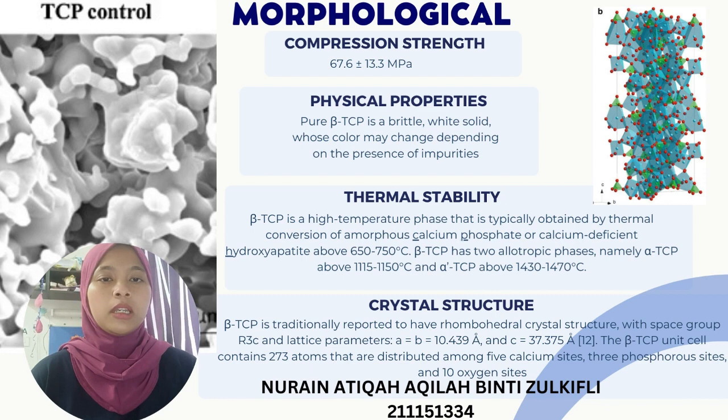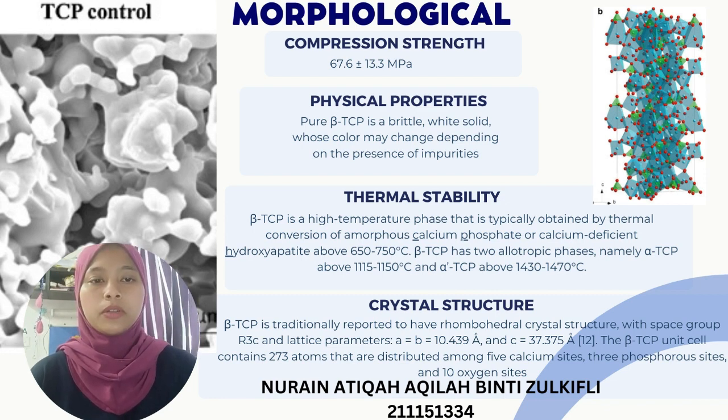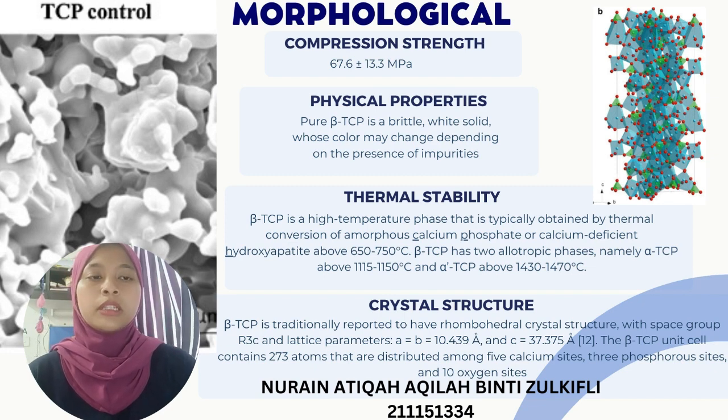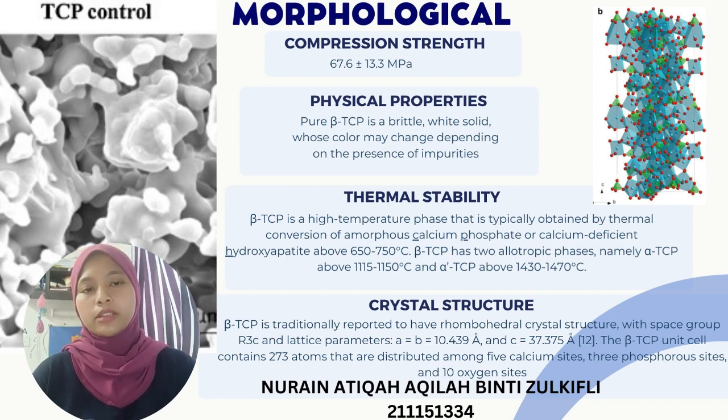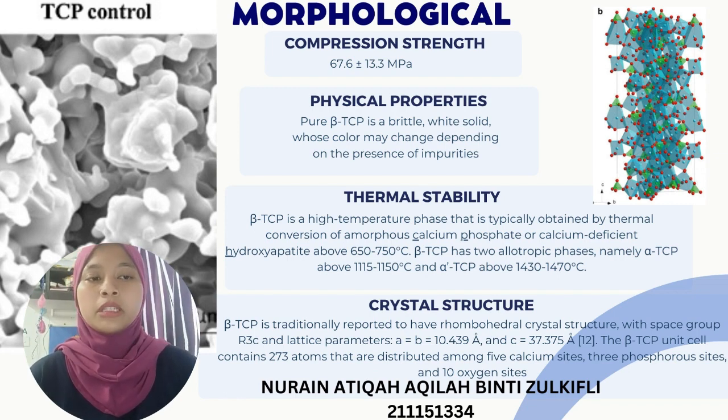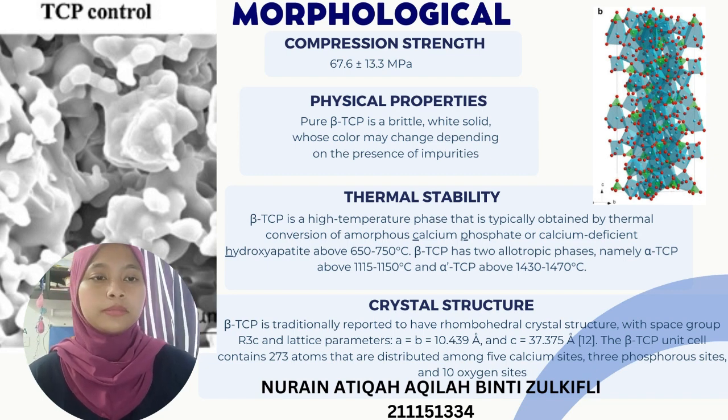Thermal stability: beta-TCP is a high temperature phase that is typically obtained by thermal conversion of amorphous calcium phosphate or calcium deficient hydroxyapatite above 650 to 750 Celsius. Beta-TCP has two allotropic phases, namely alpha-TCP above 1115 to 1150 Celsius and alpha-prime-TCP above 1430 to 1470 Celsius.